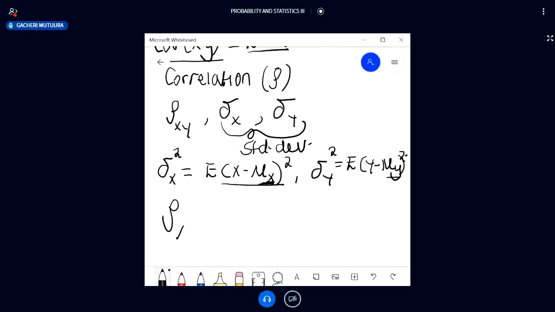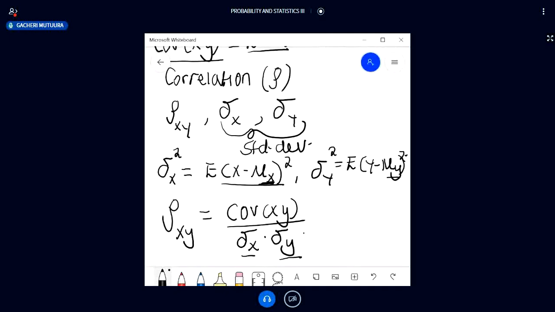Our rho xy is now given by the covariance of xy all over the standard deviation of x times the standard deviation of y. So for this correlation coefficient, you need the covariance and you also need the variance of x and y so that you can obtain the standard deviation from that.